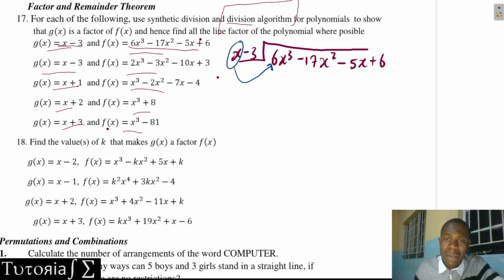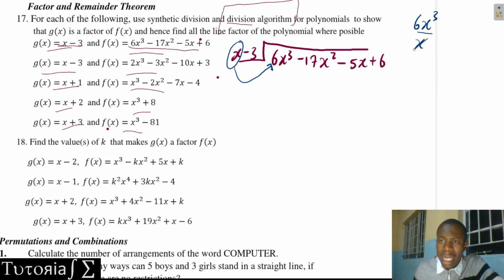Make sure the variable x is at the beginning, then you divide x into the first term, which is the variable with the highest power. Here the highest power is x to the power 3, so we say 6x to the power 3 divided by this x.